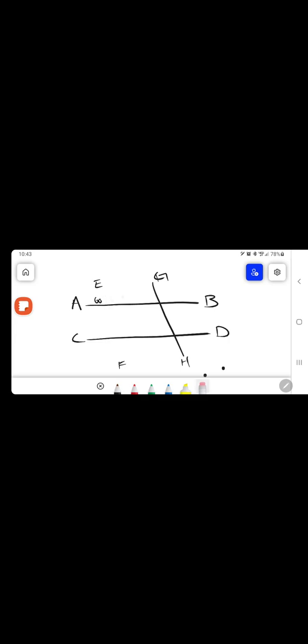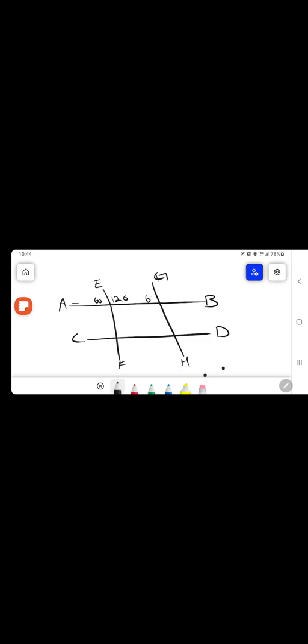If this is 60 degrees, that means this has to be, oh no, what is going on there? If that's 60 degrees, that means that has to be 120. Okay, well, these are parallel lines, so this is 120. These two need to add up to 180 as well, right?